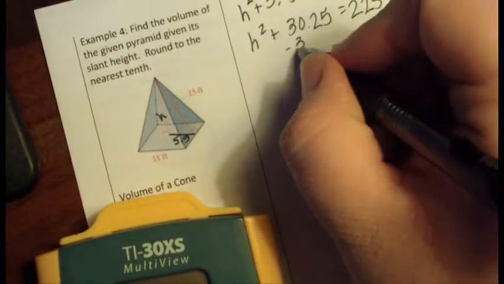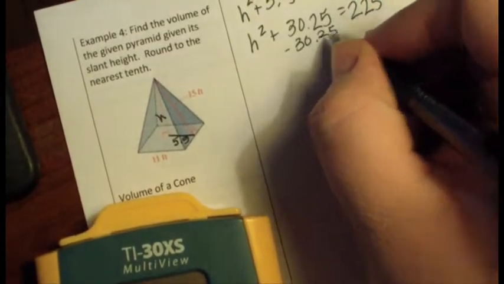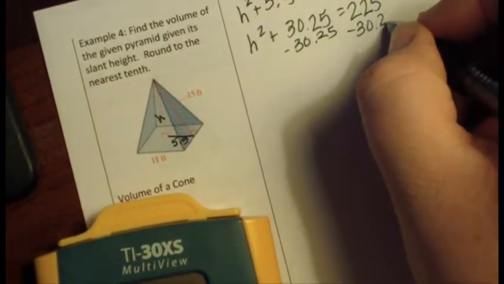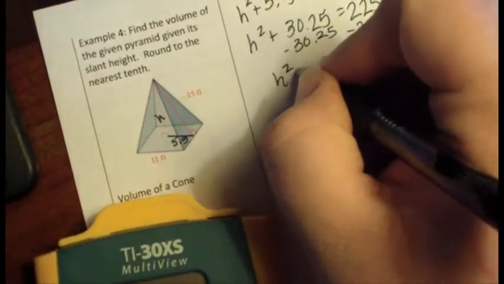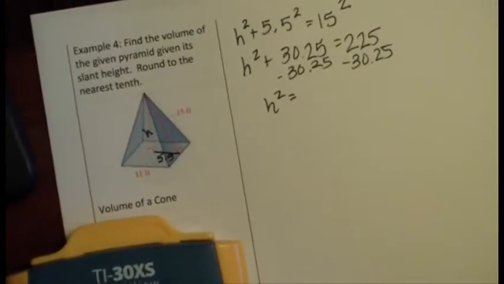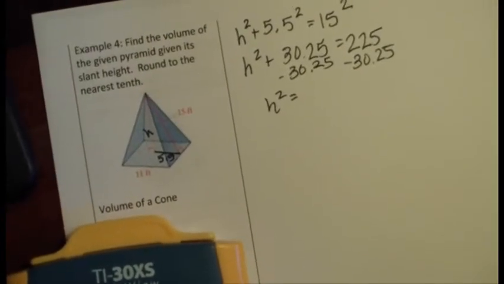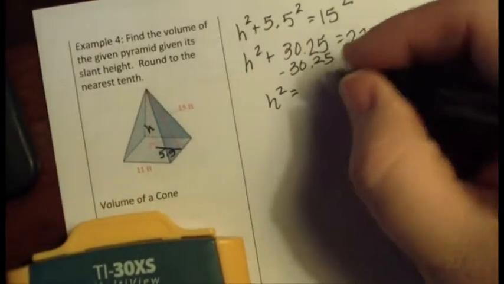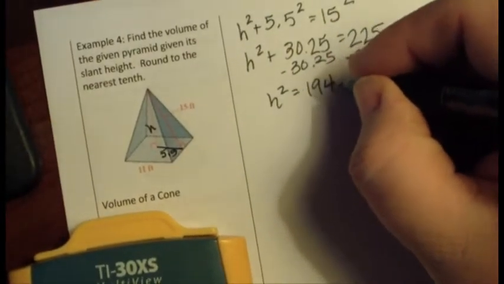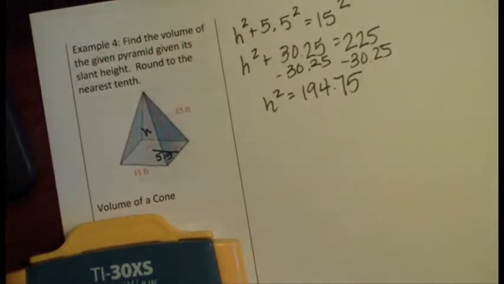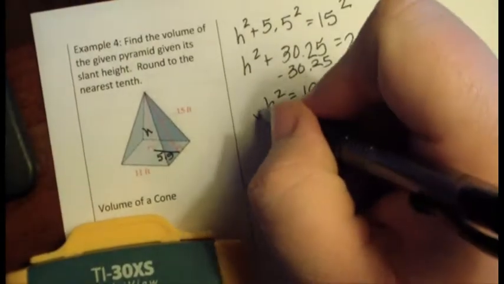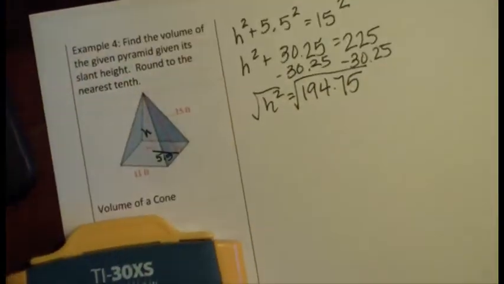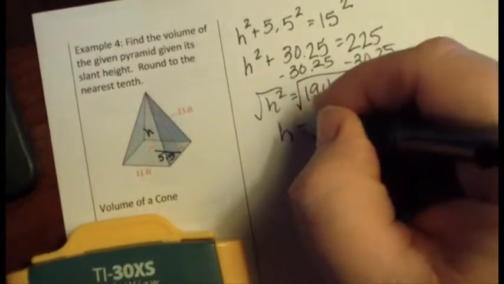Alright, so minus 30.25 on each side. So h squared equals 194.75. And then we're going to take the square root of each side to get our height.